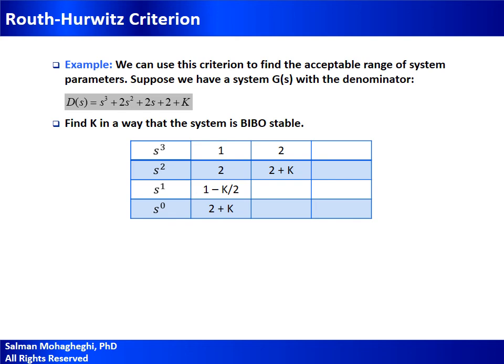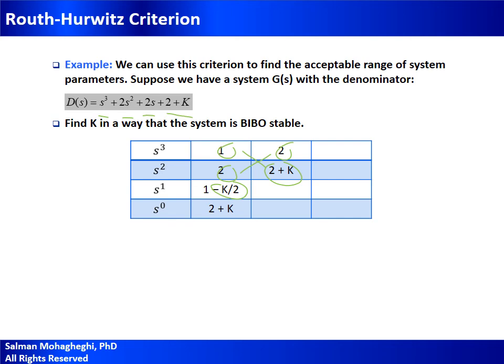The first row is going to be 1 and 2, which is this coefficient and this coefficient. The second row is going to be 2, which is this coefficient, and 2 plus k, which is this one. Now, if I want to find B1, that would be 2 times 2 minus 1 times (2 plus k) divided by 2.